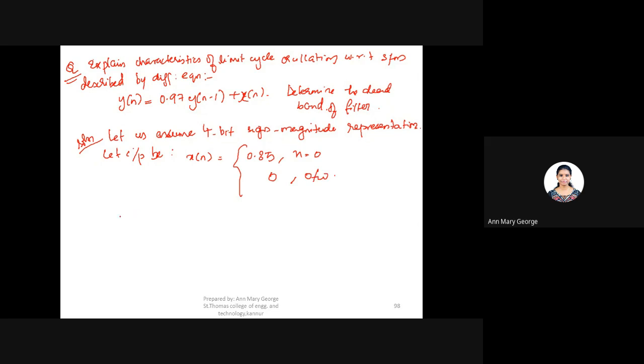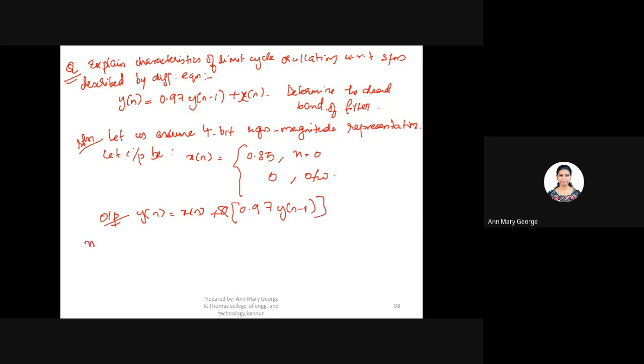As before, you have to round the product before you find the value of y of n. First you have to find the value when n equal to 0. Before that, you write the output y of n as x of n plus q of 0.97 y of n minus 1.